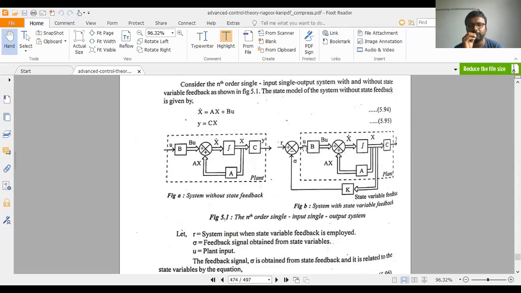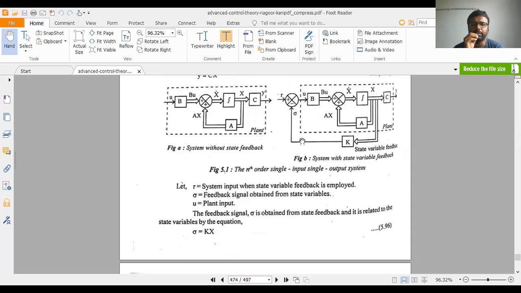We have considered three particular values: small r as the system input with state variable feedback employed, sigma as the feedback signal, and small u as the plant input.